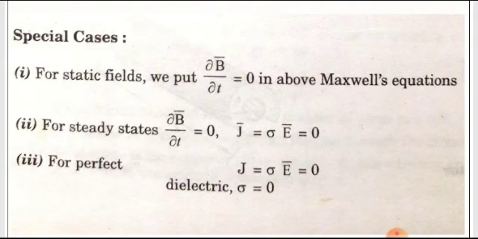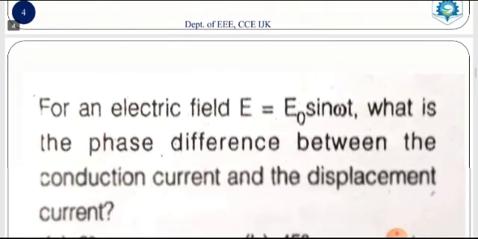For a steady state current, dou B by dou t equal to 0. And third, for a perfect conductor, the conductivity sigma is infinite and J equal to sigma E is finite. Now, let us see one of the objective type questions.